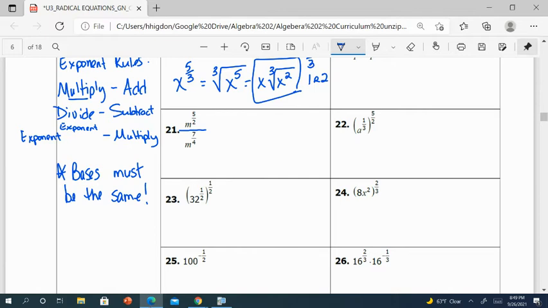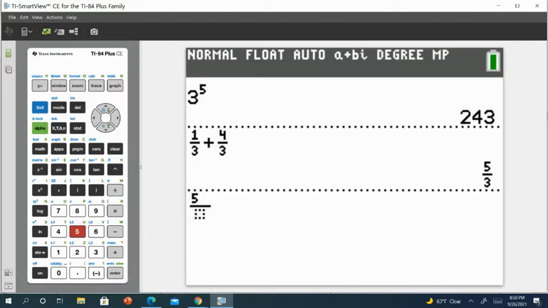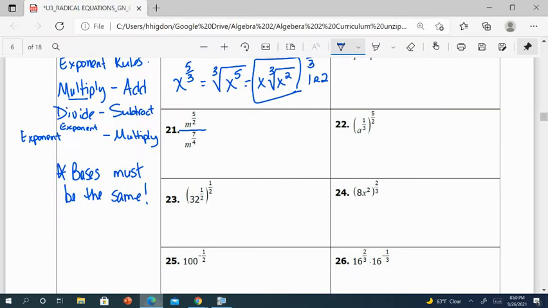So only because they both have a base of m am I allowed to go ahead and subtract 5/2 minus 7/4. So on the calculator, 5/2 minus 7/4, and we get 3/4. So this is going to become m to the 3/4 power.